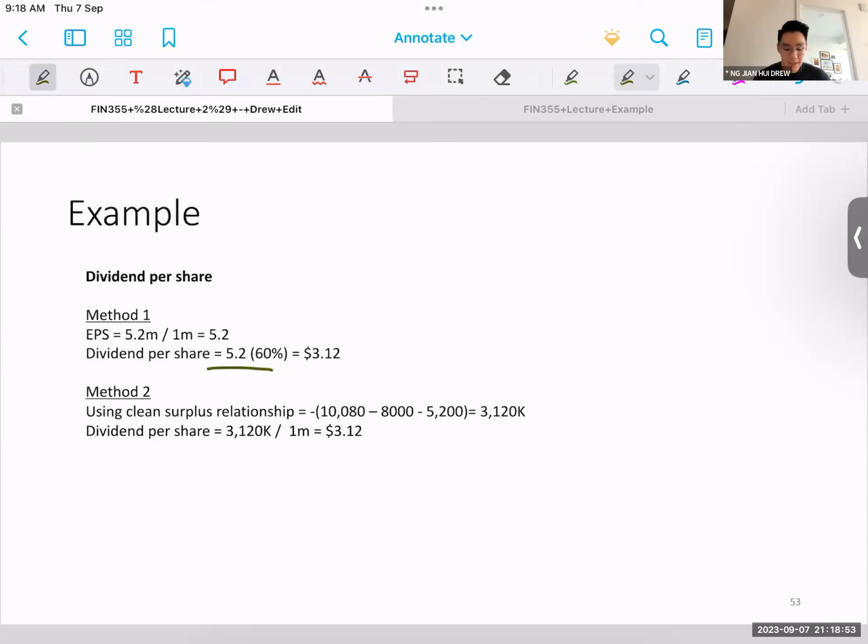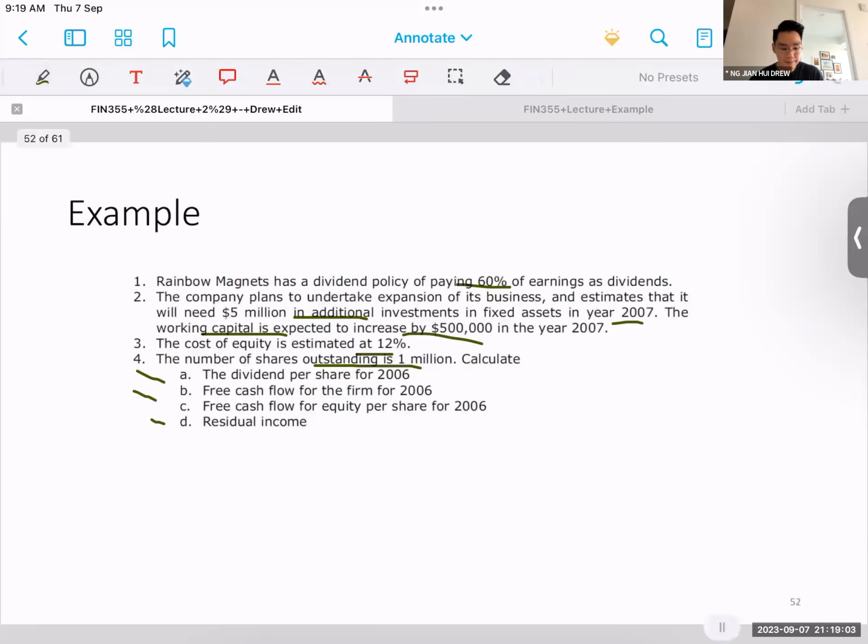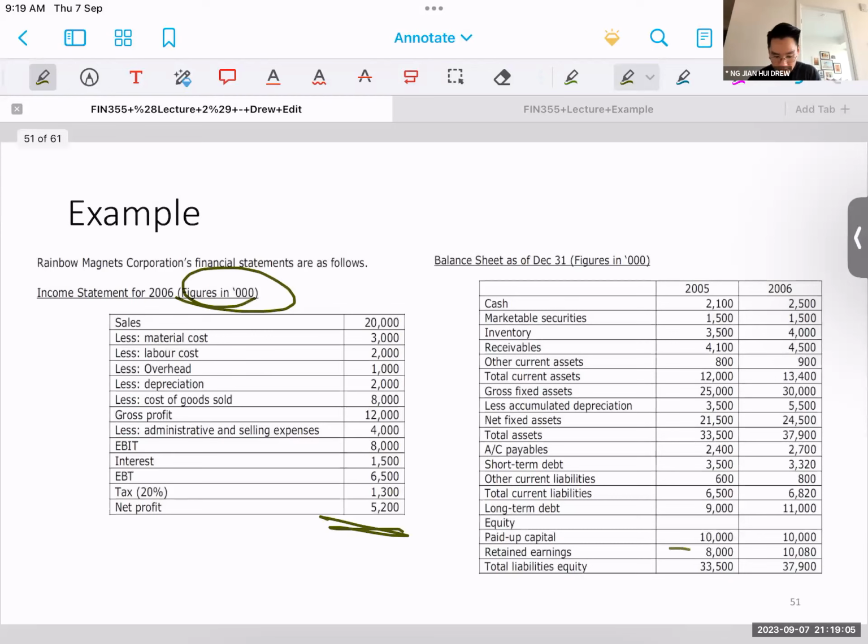First method. Second method, we use the clean surplus relationship. We use the retained earnings. Let me flip back to the retained earnings here. So we are looking at 2006. This is the ending retained earnings, and the beginning is this 8,000.